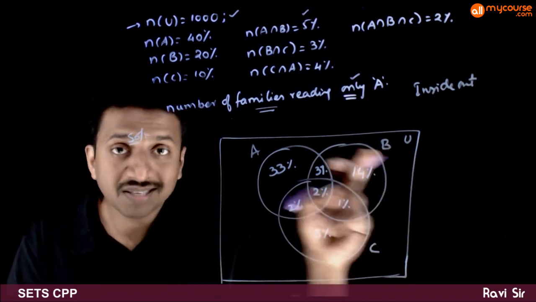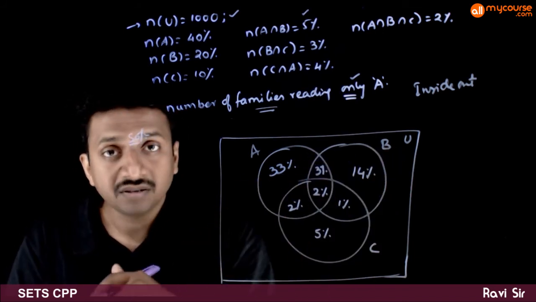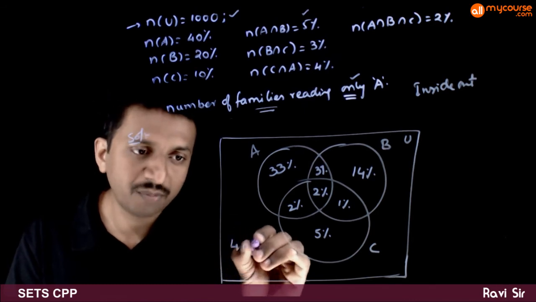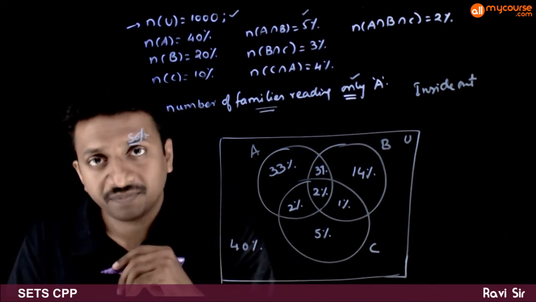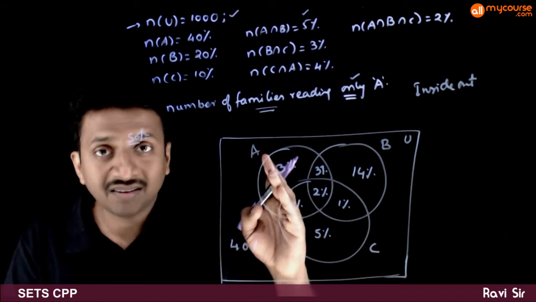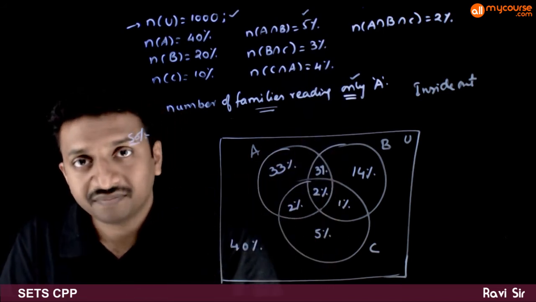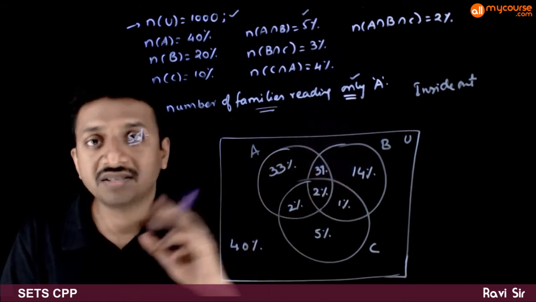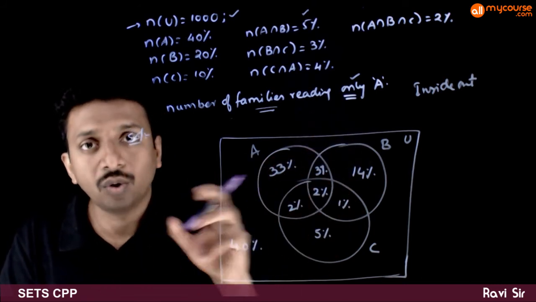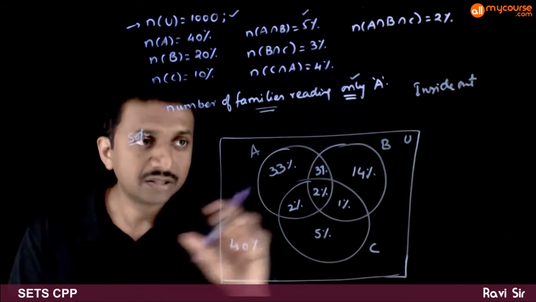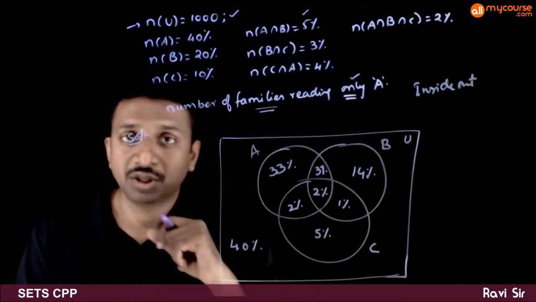But the universal set contains 100% of the population. So the remaining 40% of the population are outside A, B, C. That means they are neither reading A, nor reading B, nor reading C. So they are not reading any of these papers. There are 40% who go into that bracket. So this is the Venn diagram corresponding to this situation.